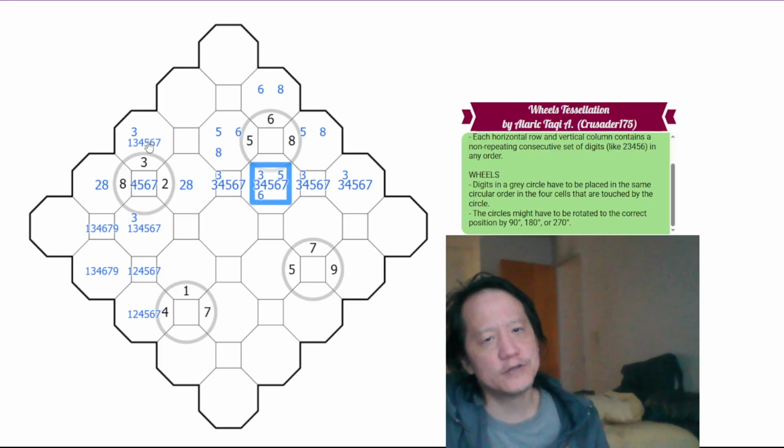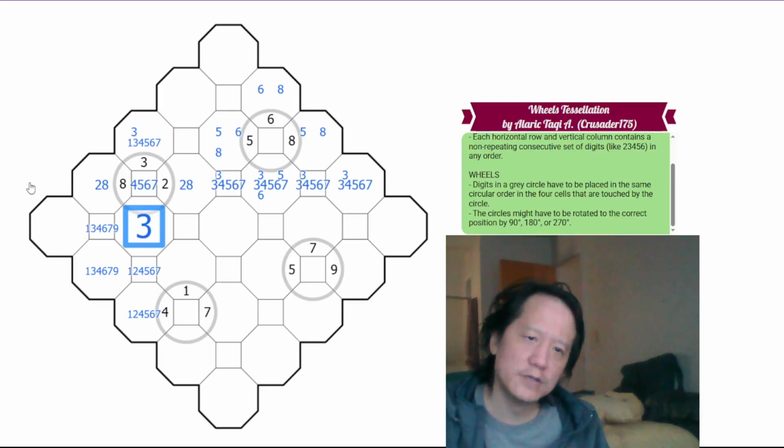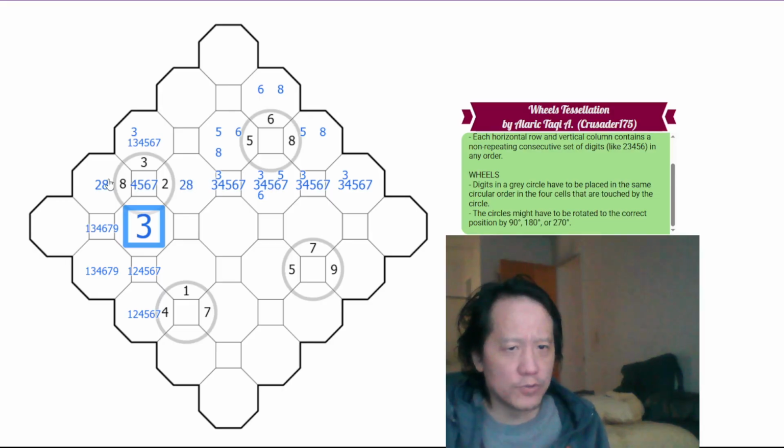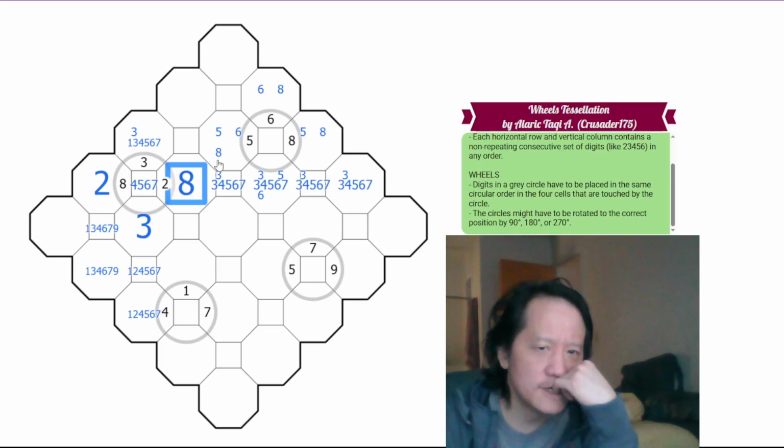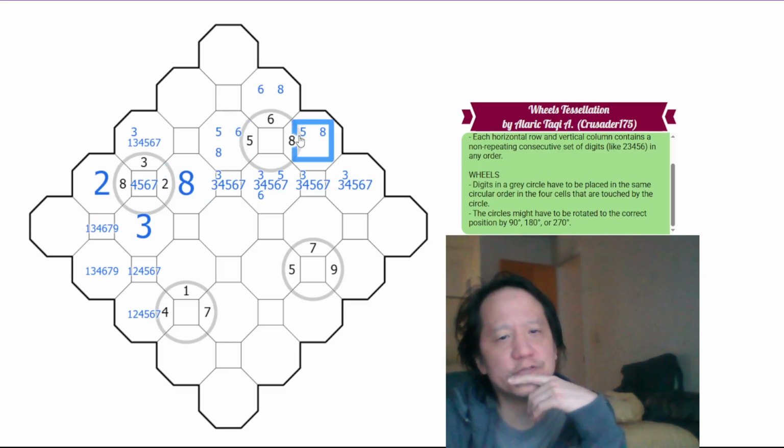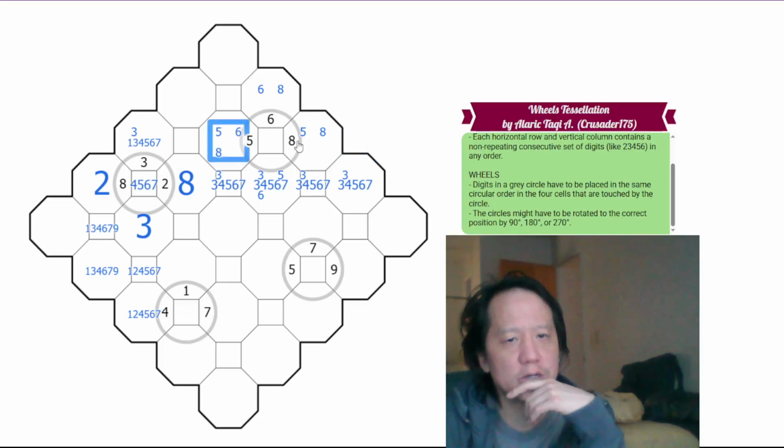Then this can never be 3 because it's 4 through 8 or 5 through 9 here. So this would have to be 3. Which would mean this is 3. So clockwise would be 2. This would be 8. So this could not be 8 if this was a 5-8 pair. That's interesting.